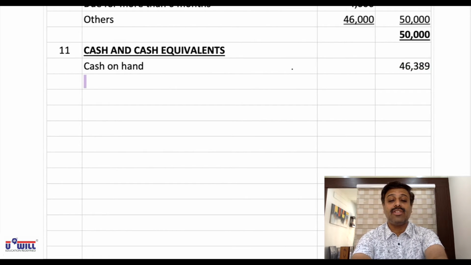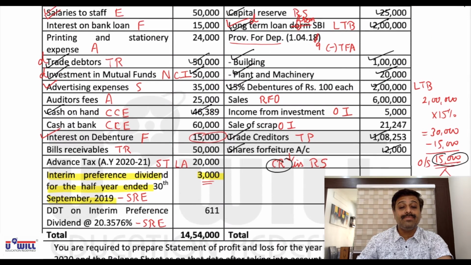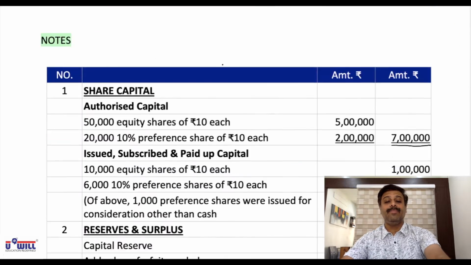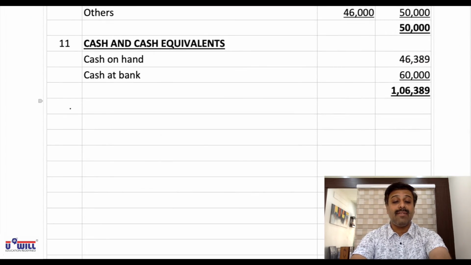And then we have cash at bank 60,000. So total 1,06,389. Okay, you all can see cash at bank is 60,000. So total 1,06,389.